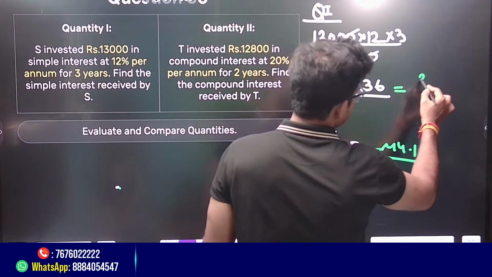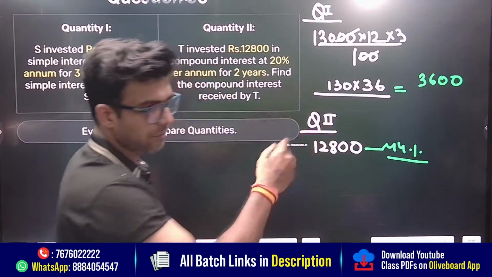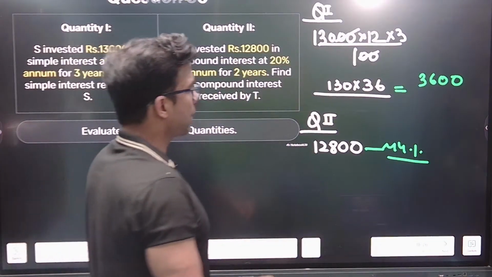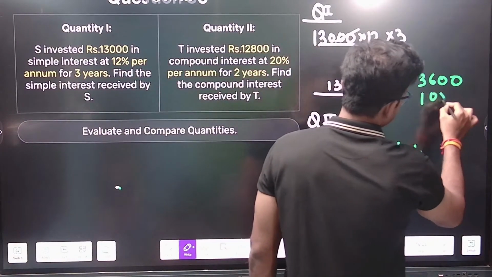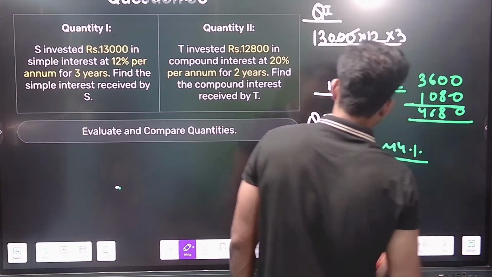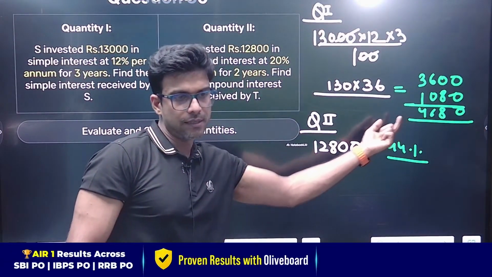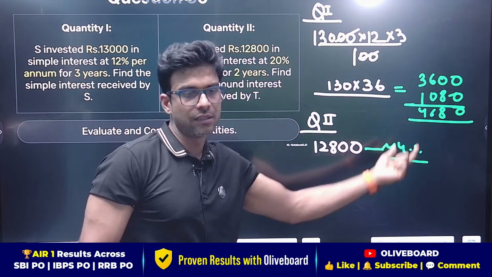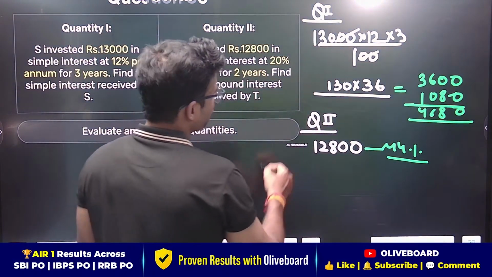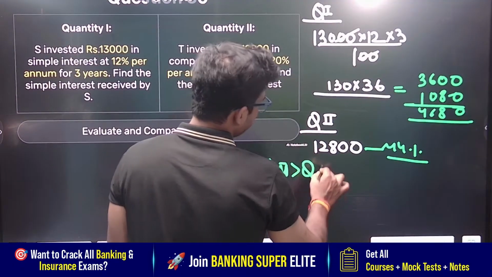This would be 3600 multiplied by 10, and then 1080. This will land up to 0.864680. And this is already more than that. Understand? So without solving the whole portion, smartly you can answer that quantity 2 is greater than quantity 1.